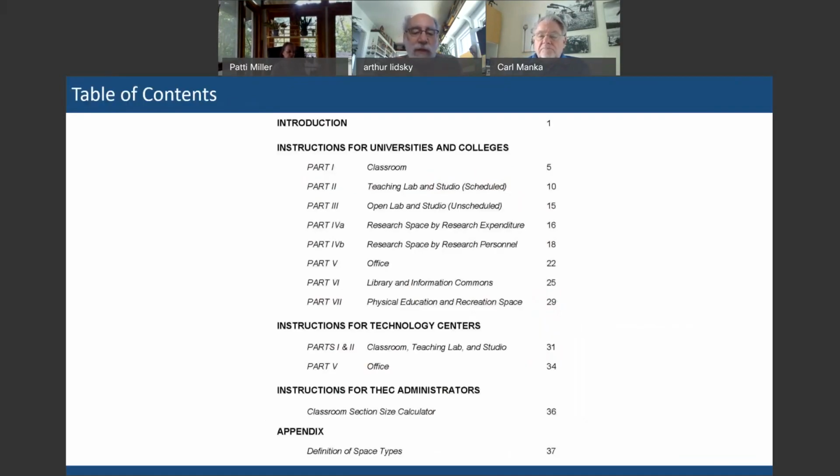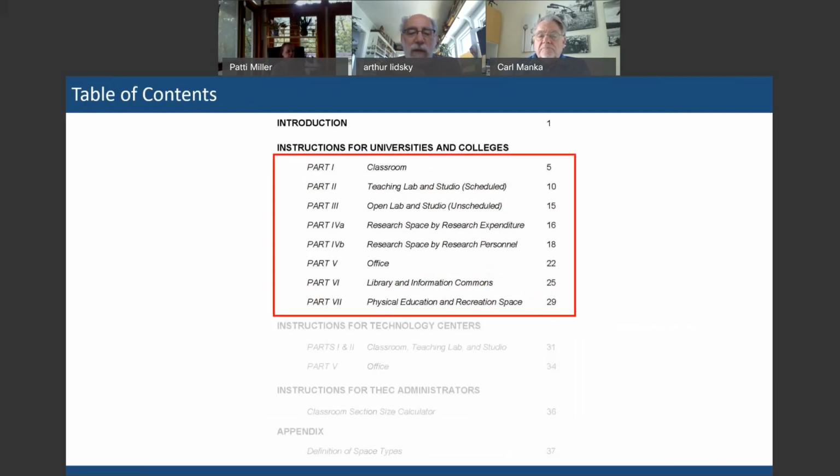This is the table of contents from the user manual that comes with the spreadsheet that is part of the guidelines. And we're going to be looking basically at this set of spaces, part 1 through 7. And that's what we're going to be concentrating on this morning.